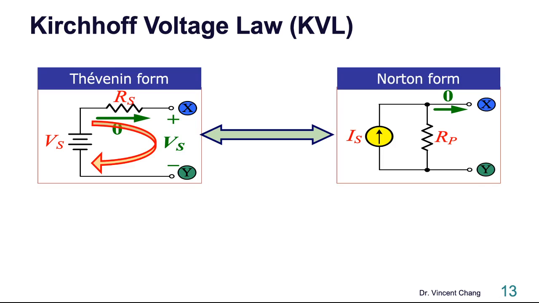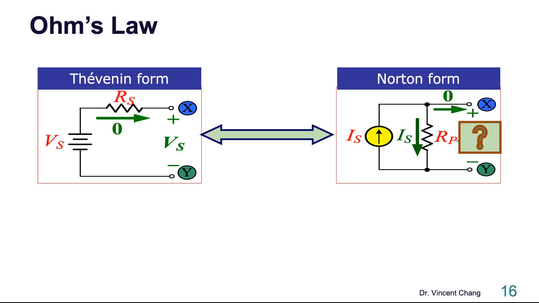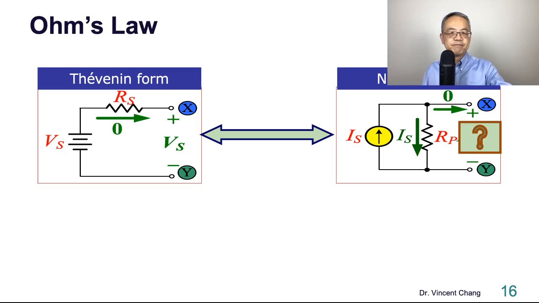What about the output voltage on the right? The Is is going through Rp, so it should be Is times Rp.